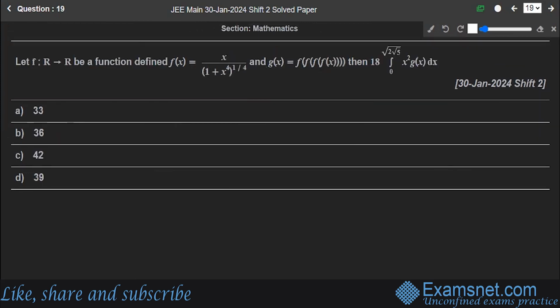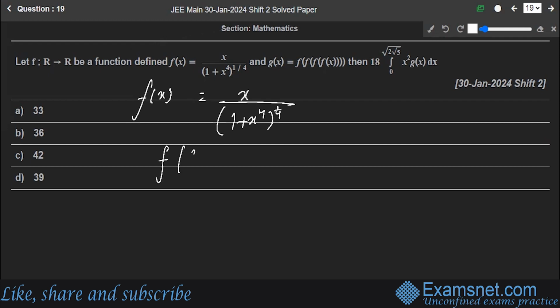Let f be a function from real to real numbers defined by this equation, and g is, oh God, this is f of x. So there are 4 loops to the function. Then the integral of this given function is equal to, okay, this is your f(x), x upon (1 plus x to the power 4) whole power 1 by 4.